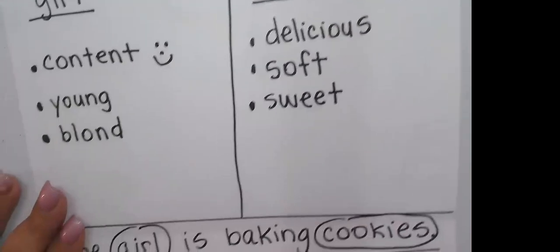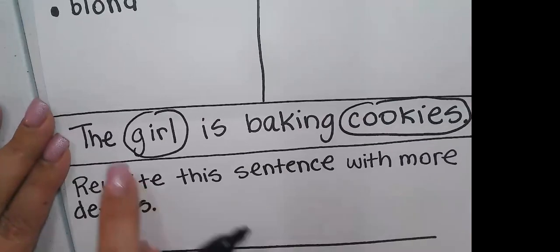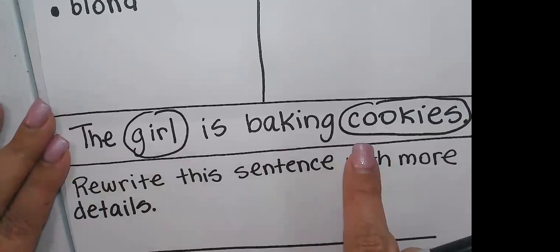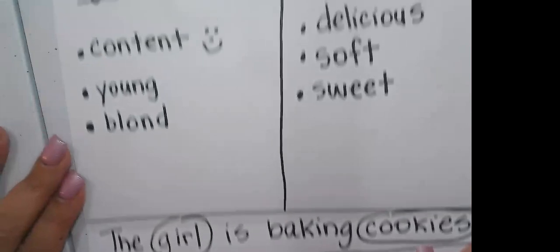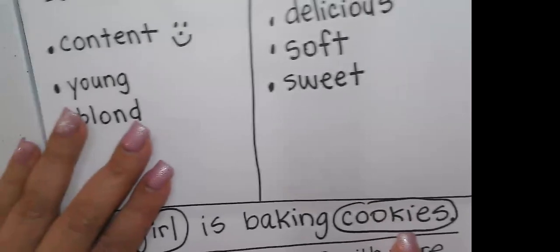I think the easiest thing to do when we rewrite a sentence with more details is to go ahead and describe the noun. When you describe a noun, that's an adjective. So I could put something like the content girl or the happy girl is baking sweet cookies, right?